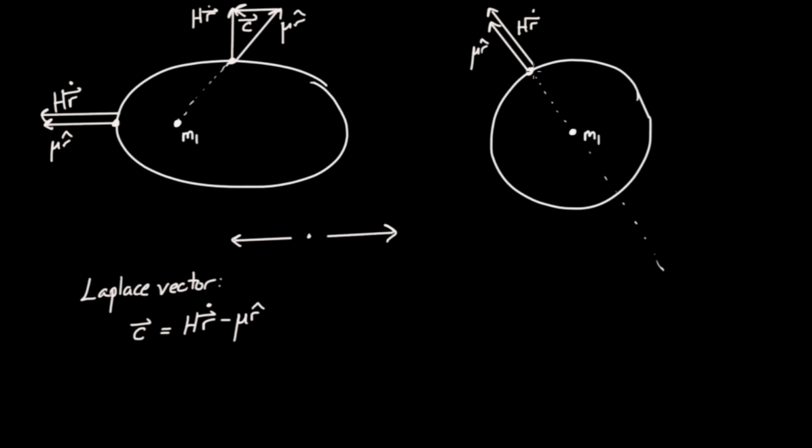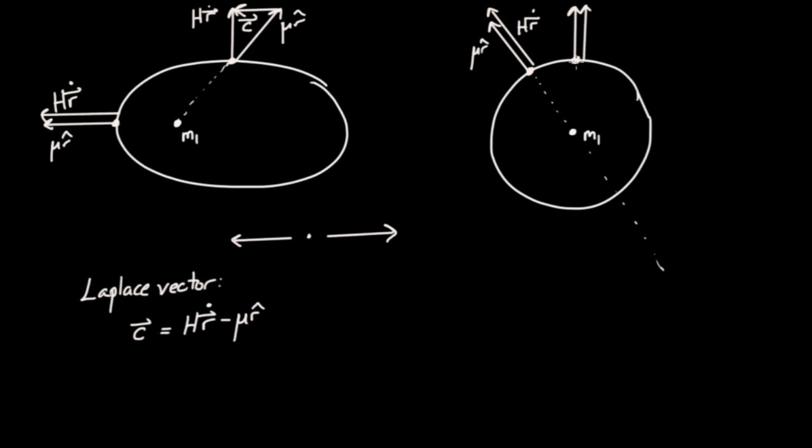But let me cook up the same argument for another location on the orbit, let's say right there. Let's assume that this thing is going that way, it's orbiting that way, although it doesn't matter. Again, let's draw in mu times r hat. Now that's going to have to look something like this, mu times r hat. And h times r dot is also going to be in that same direction.